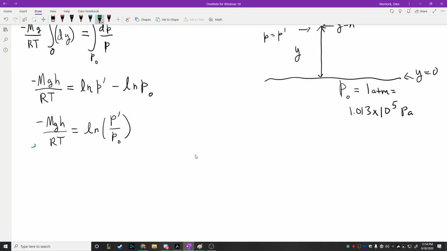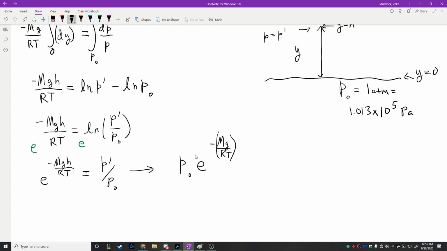To solve this one, we need to raise both sides to the e power. So on the right-hand side, we just have P prime divided by P naught. We multiply the P naught to the left-hand side. We end up getting P naught times e to the negative mg over RT.